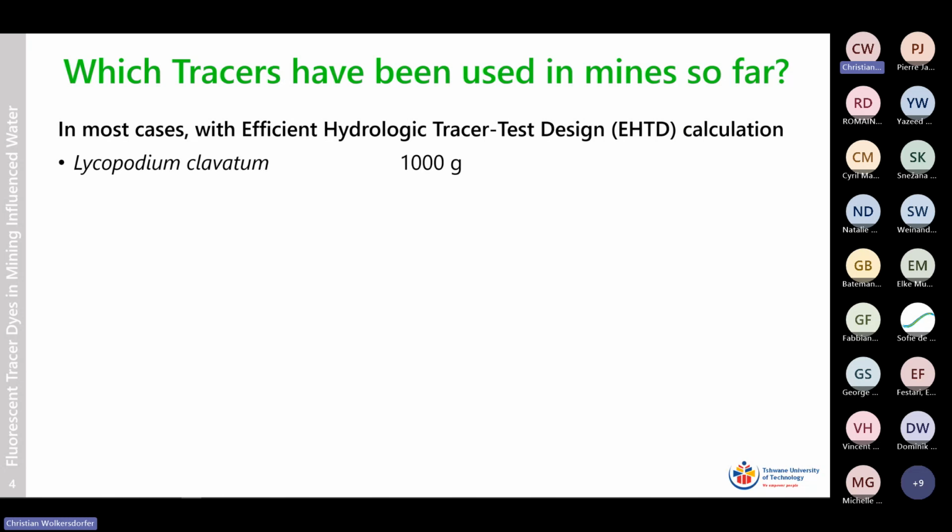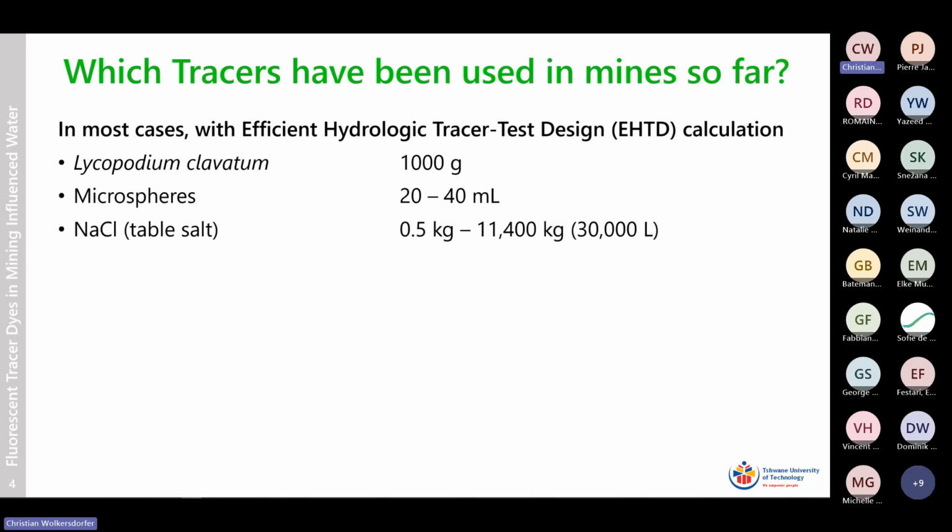So for example, in mine water, we used Lycopodium clavatum, the spores, and for the mine water tracer test, we used 1000 gram. Then microspheres, these little tiny balls, 20 to 40 milliliter. Then NaCl, sodium chloride, just normal table salt. If you use small amounts, we just go to the shops and buy a few bags, and big amounts, obviously we have to order it.